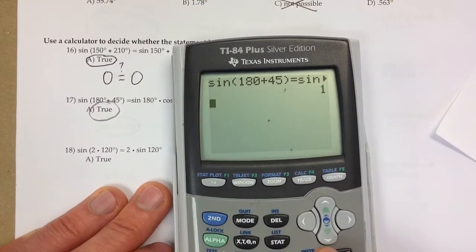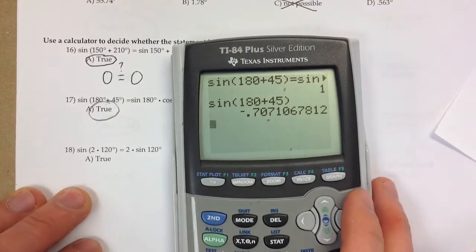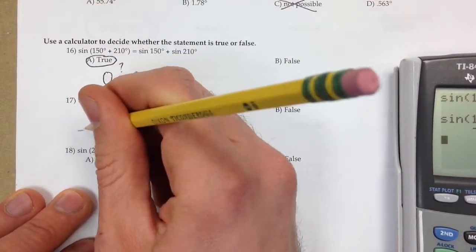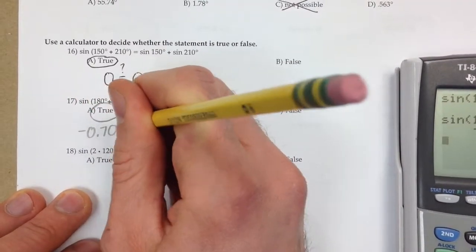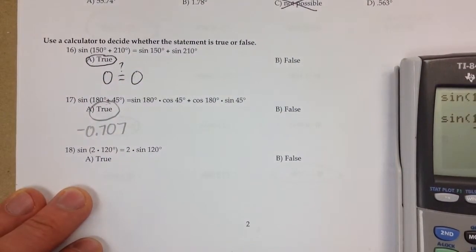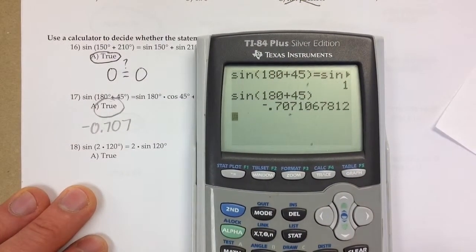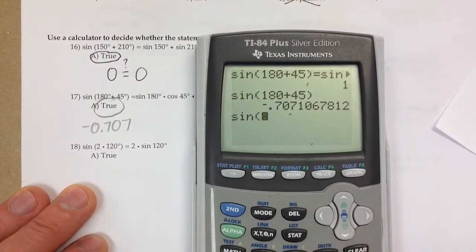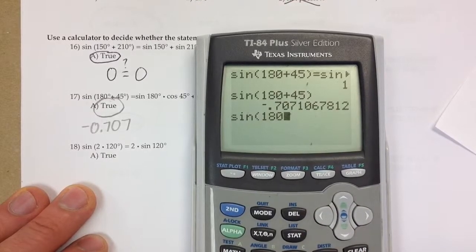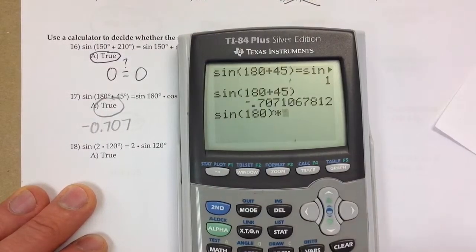So we can just make sure that the calculator is doing what we want it to do and verify that this is accurate. So the left-hand side is negative 0.707, which looks like negative 1 over root 2. Okay, and then on the right, I'll do sine 180 times cosine 45.